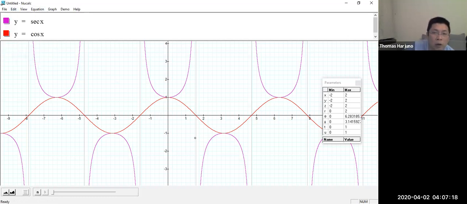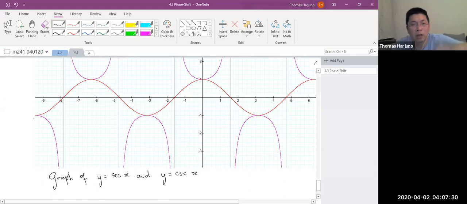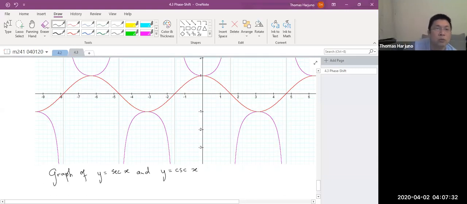Let me copy the graph. I need to copy the graph to our notes because I want people who missed the lecture to see the notes so they can see what we see also. But at the same time, I can write on this note. Oops, sorry.